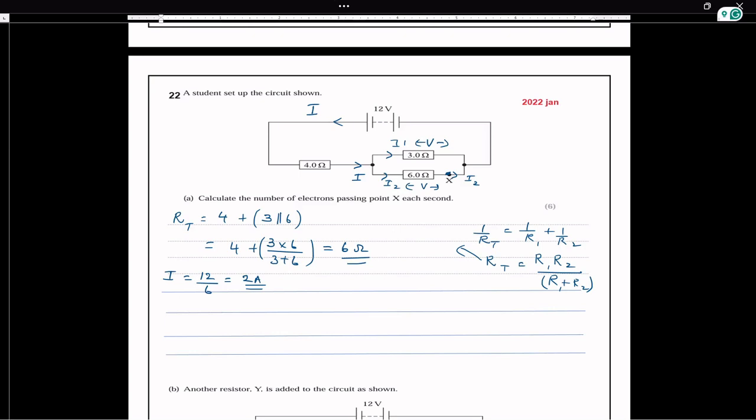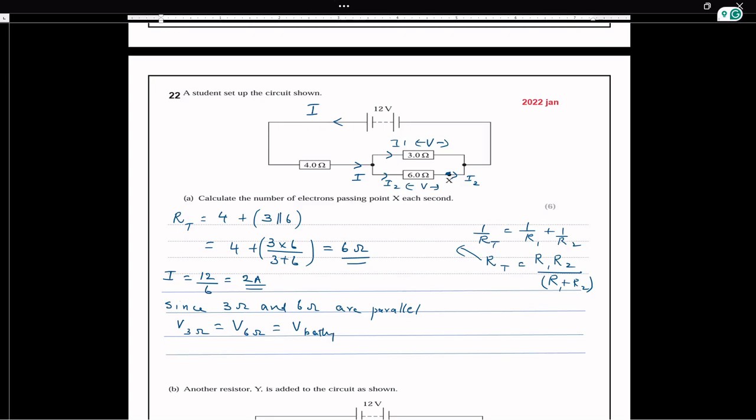So we can say since 3 ohm and 6 ohm are parallel, V of 3 ohm equals V of 6 ohm.